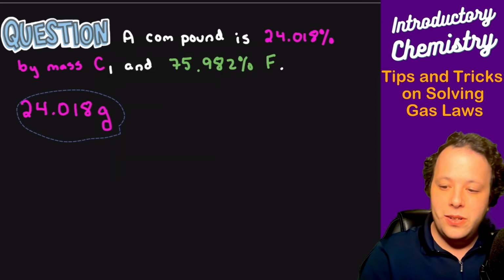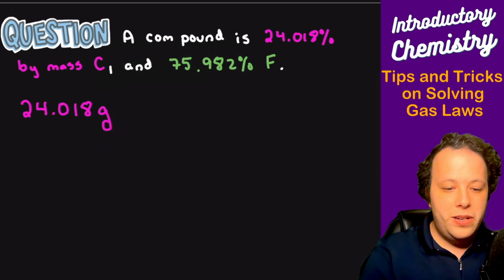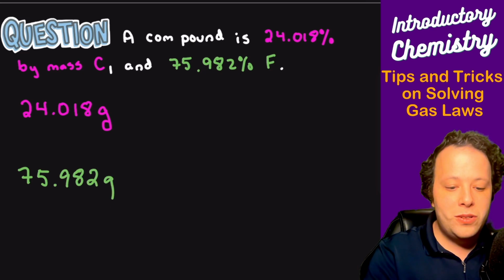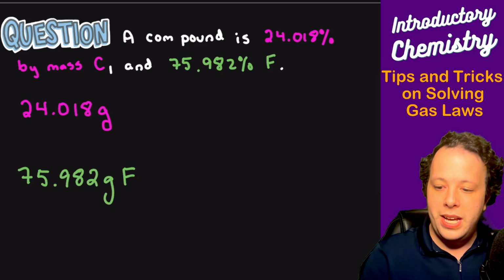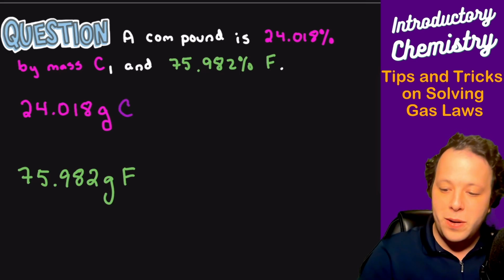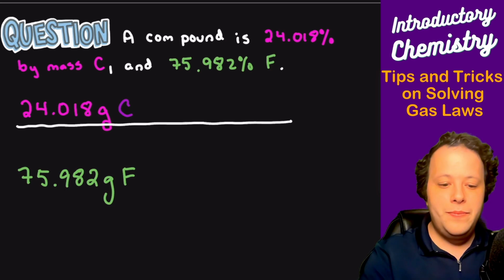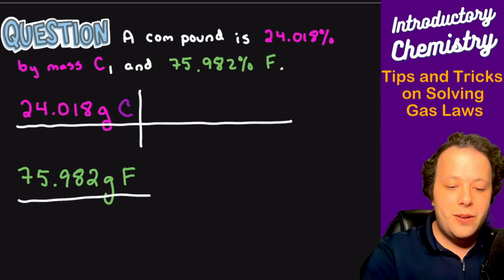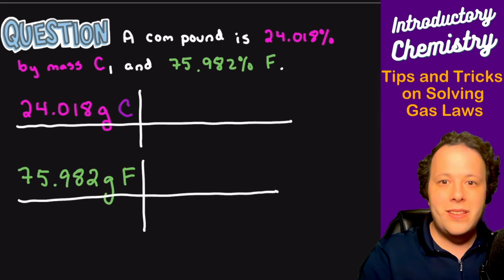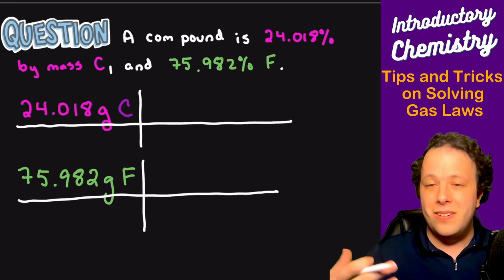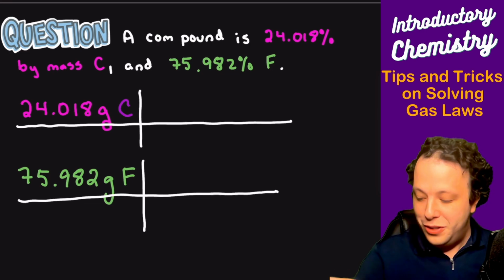We have 75.982 grams of fluorine. We have our number for carbon, and we are going to convert them both to moles. Now when we do that, we're then going to divide them both by the lowest number of moles.